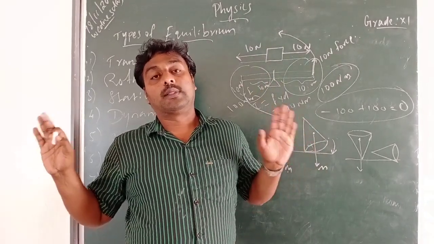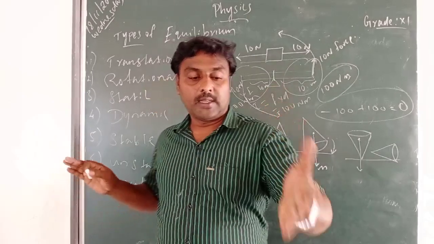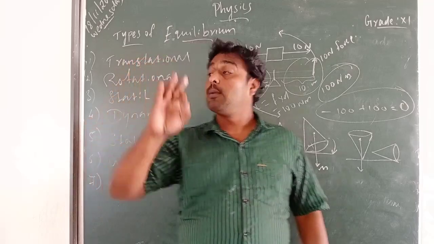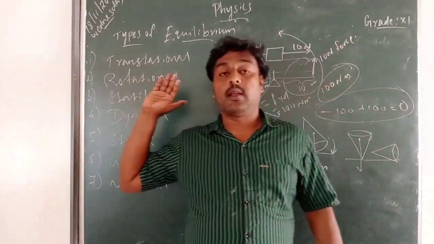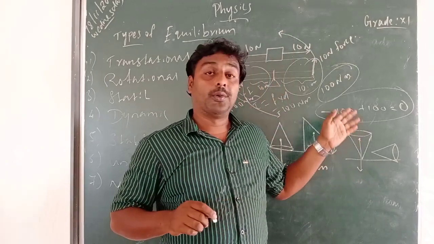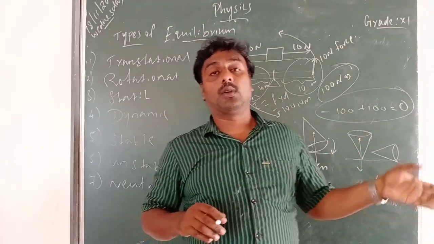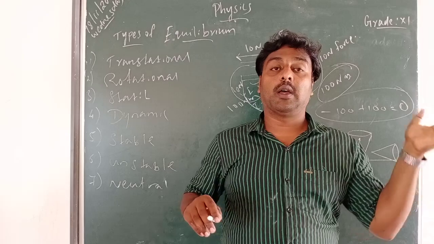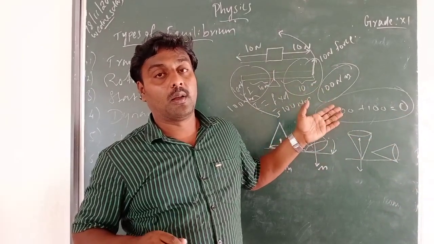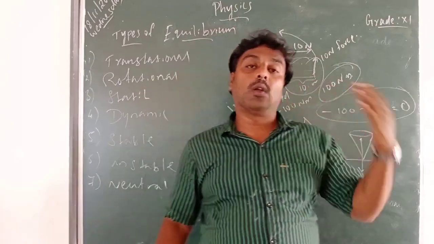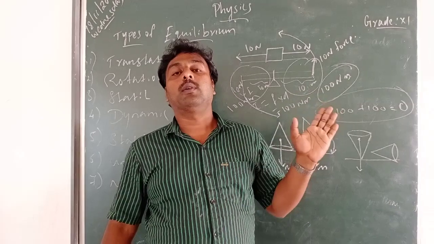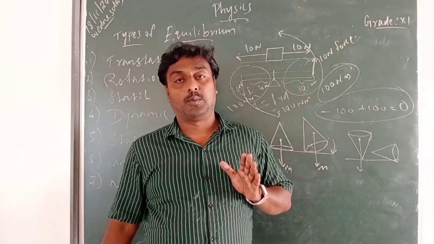Not stable. So that is unstable equilibrium here. During stable equilibrium, linear momentum and angular momentum are 0. And during unstable equilibrium also, linear momentum and angular momentum are 0. But it will not come back to its original position if slightly disturbed.